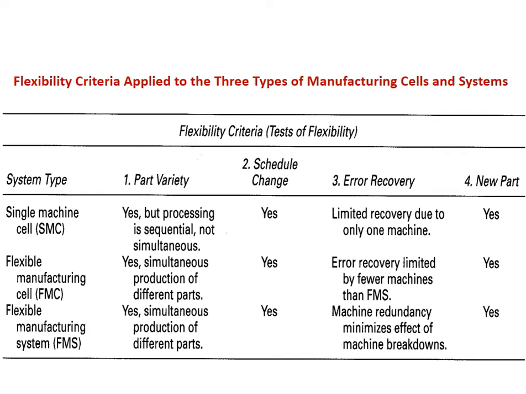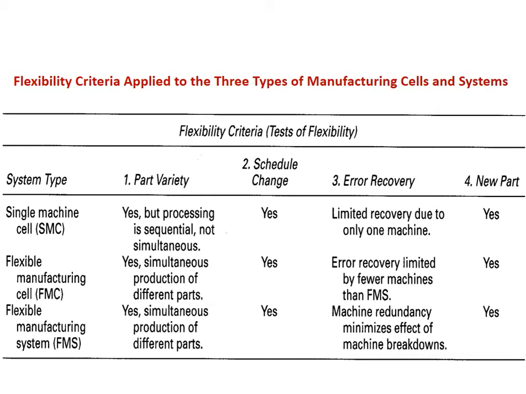And even in error recovery, if any breakdown has happened, the recovery options will be limited in a single machine cell because there is only one machine. But in the case of the other two, the recovery is limited to very few in the FMC, which is the flexible manufacturing cell, because there are 2 or 3. So if some machine breaks down, the other two will be working.